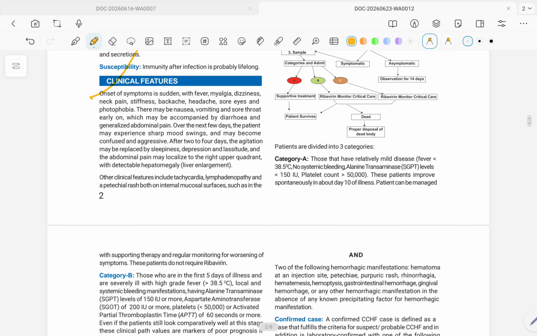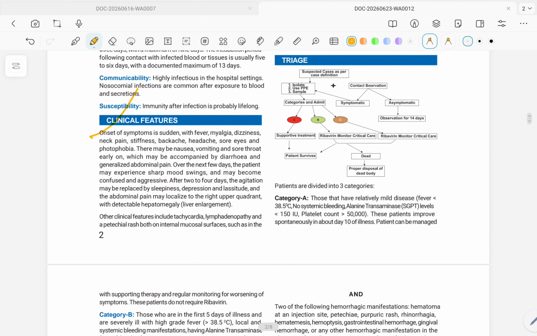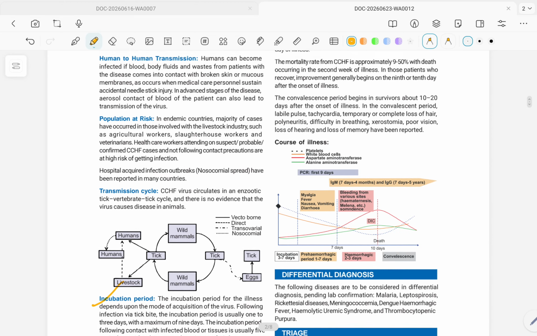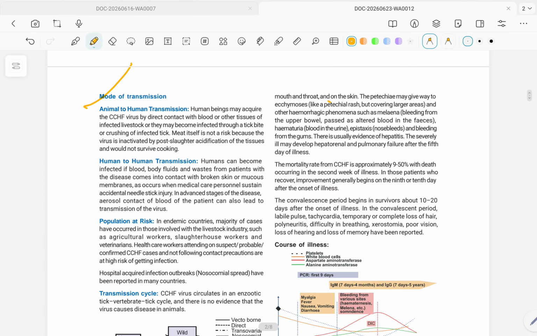Other clinical features include tachycardia, lymphadenopathy, and a petechial rash both on internal mucosal surfaces such as in the mouth and throat, and on the skin.